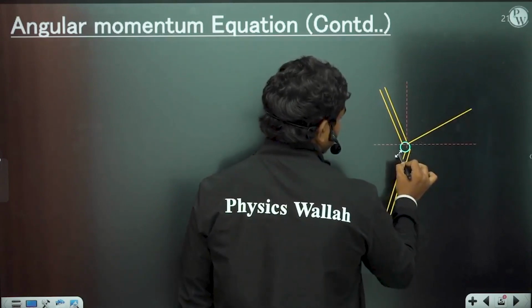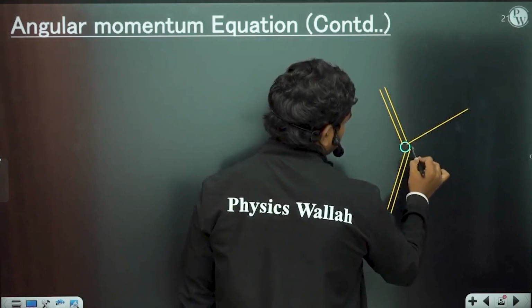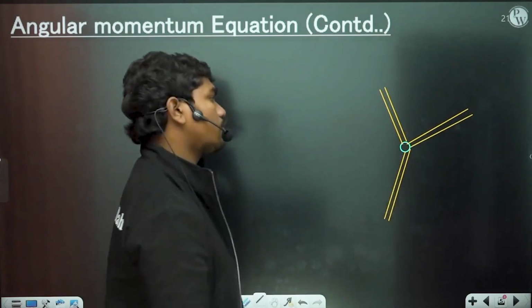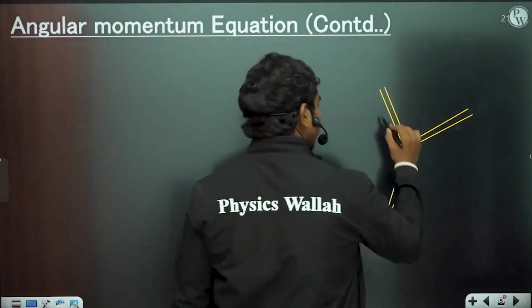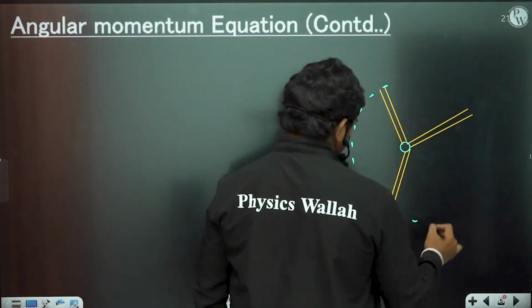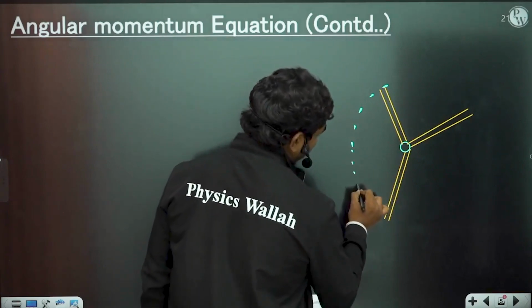So if you see carefully here, let us suppose the fluid actually touches it. So let us suppose this is how we have the flow basically here. Okay, so let us suppose there is some sprinkler. So let us suppose all these are connected by some circular path actually. Okay, so these are connected by some circular path.